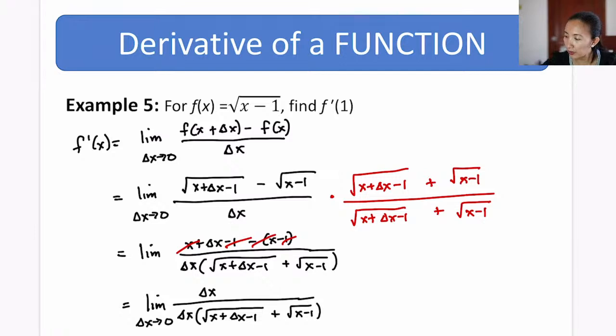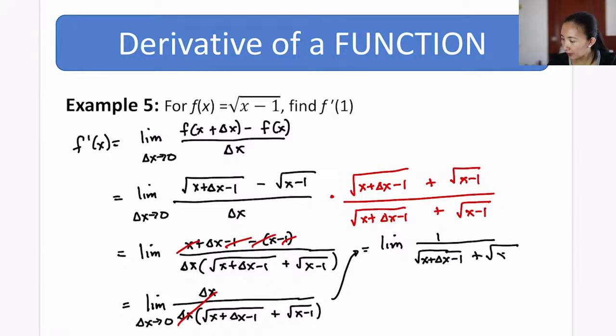And like in the previous examples, we cancel out the common factor, which leaves, okay? And this one will give us now limit of 1 over the square root of x plus delta x minus 1 plus square root of x minus 1 as delta x approaches, okay, 0. What will this be?